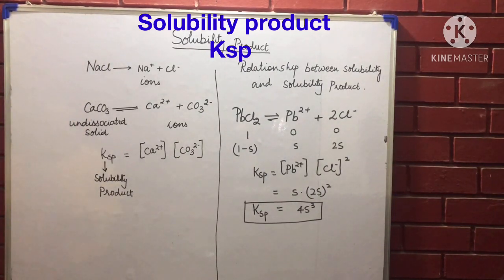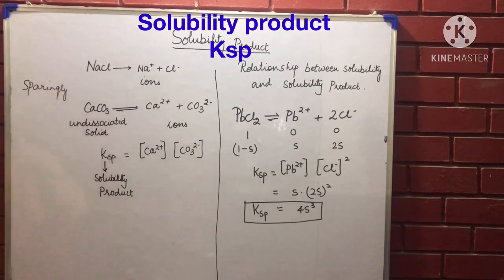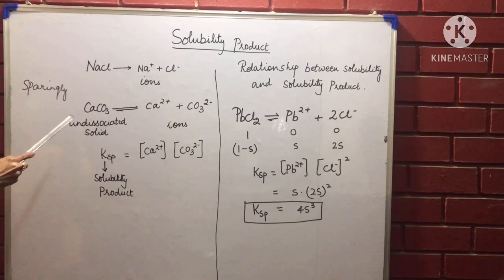But if there is a sparingly soluble salt, sparingly means it is slightly soluble in water. If I have such a salt dissolved in water, it will have some undissociated solid which has not dissolved, and some ions will be present.